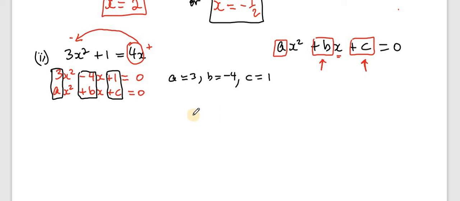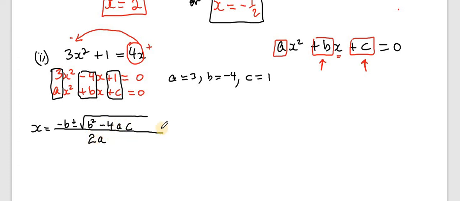Which means now we can actually use what is known as the quadratic formula. What's the quadratic formula? It's given to us as x equal negative b plus or minus the square root of b squared minus 4 times a times c, divided by 2 times a.